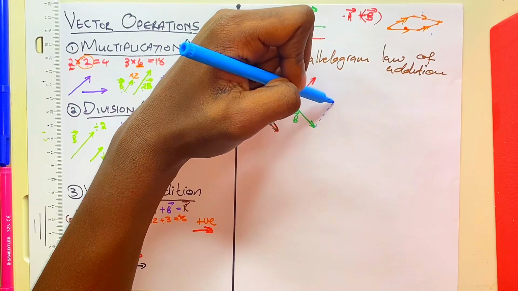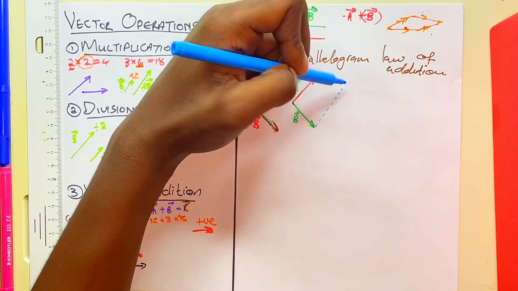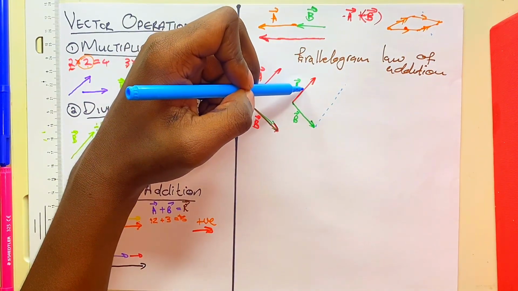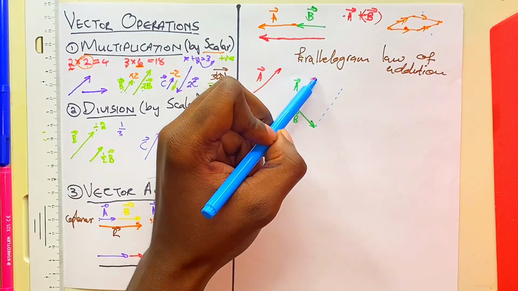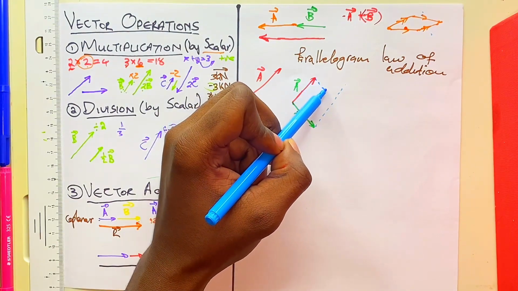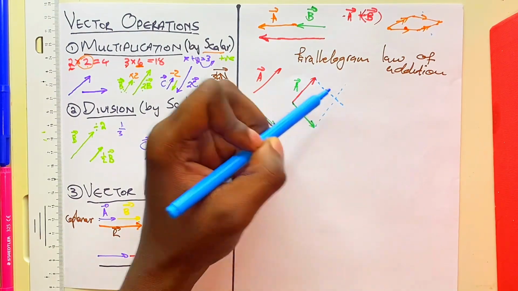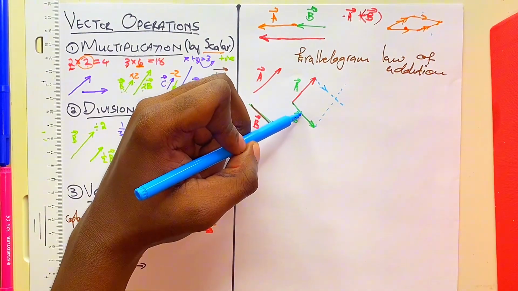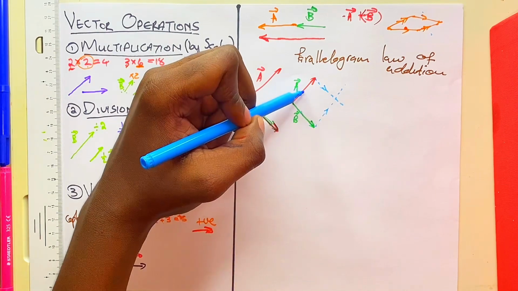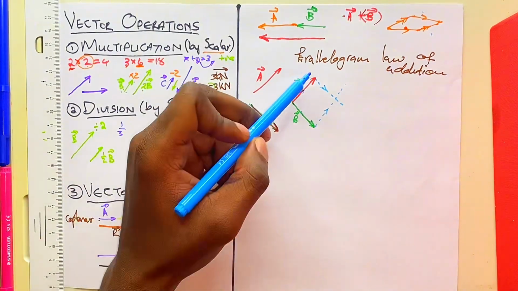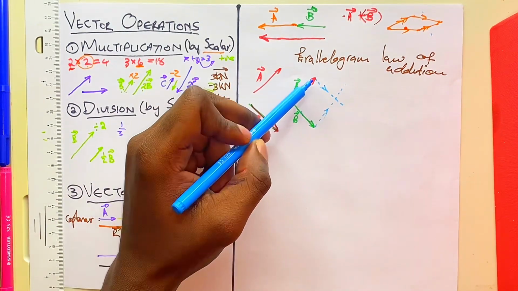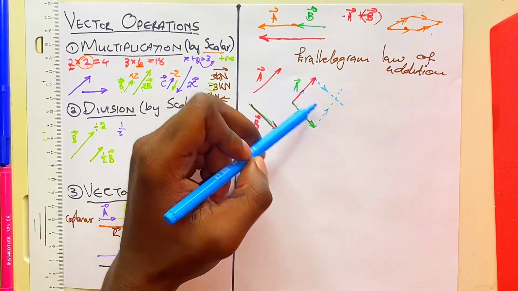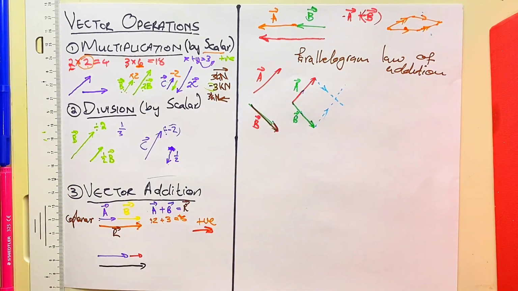I will draw an imaginary line that is parallel to vector A, and then another imaginary line that is parallel to B. This line is parallel to B, and this line is parallel to A. And now I have a four-sided figure, and opposite sides are parallel to each other.